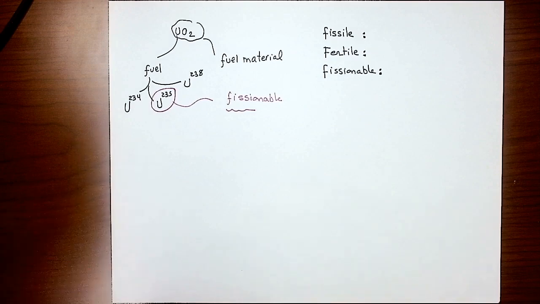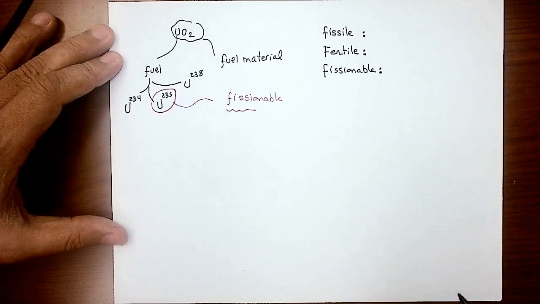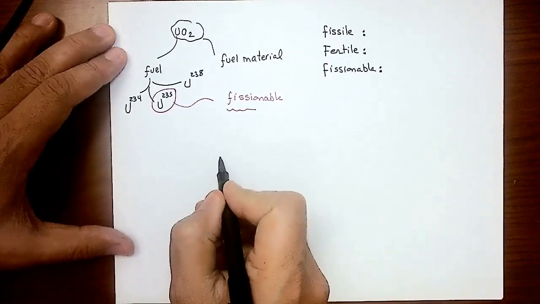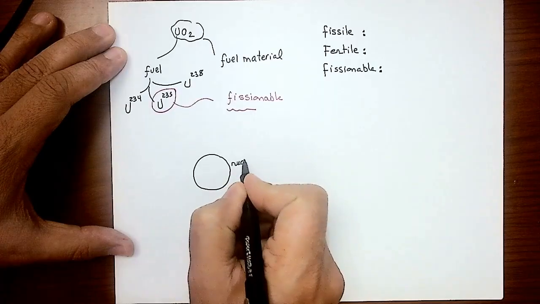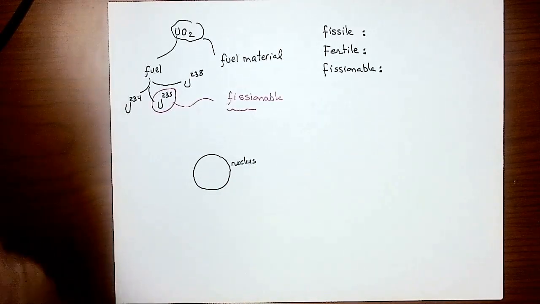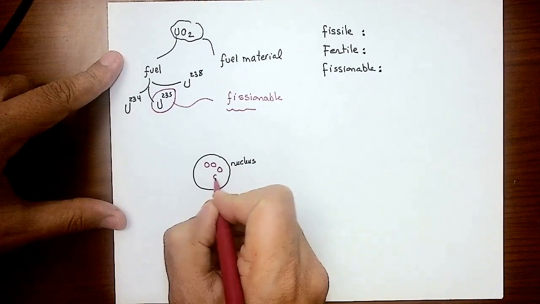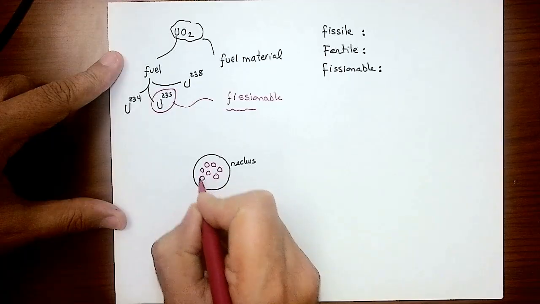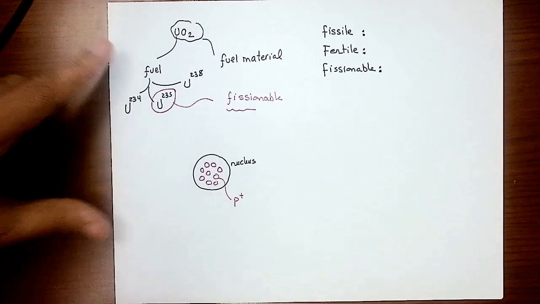So how do we do that? Again, let's recall the construction of an atom, right? We have a nucleus. What's inside the nucleus? Inside the nucleus, we have positive particles called protons, and these are positive.